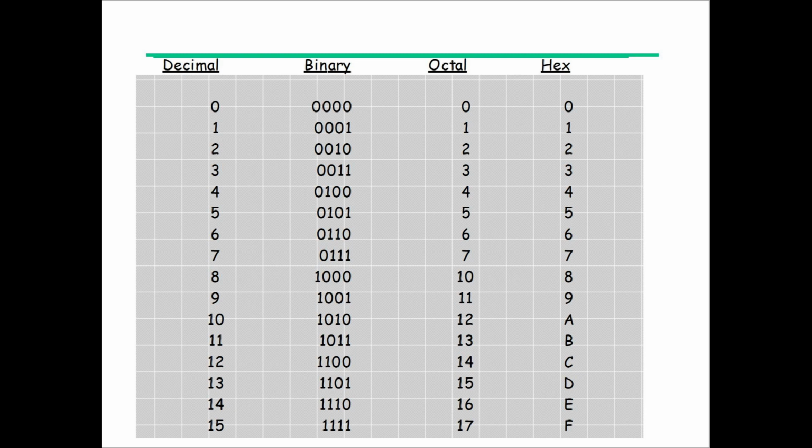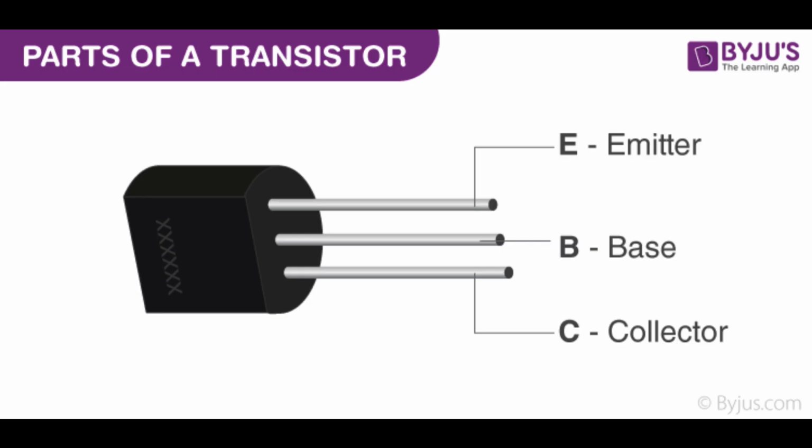If so, it's a 1. If there's not, it's a 0. Each individual 1 and 0 is called a bit, and they're grouped together in groups of 8 called bytes. These bytes and bits are accessed and moved around using electronic transistors, which are conductive devices that control the flow of electrons.